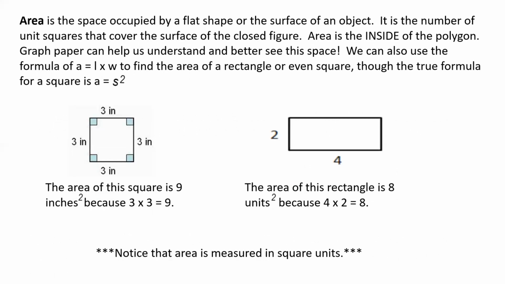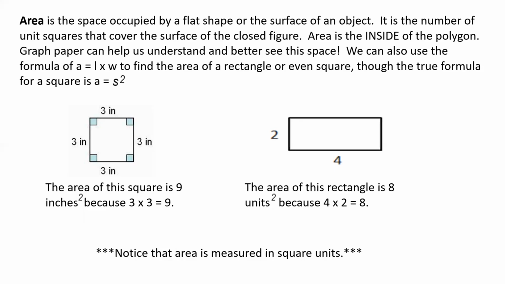Area is the space occupied by a flat shape or the surface of an object. It is the number of unit squares that cover the surface of the closed figure. Area is the inside of the polygon. Graph paper can help us understand and better see this space.